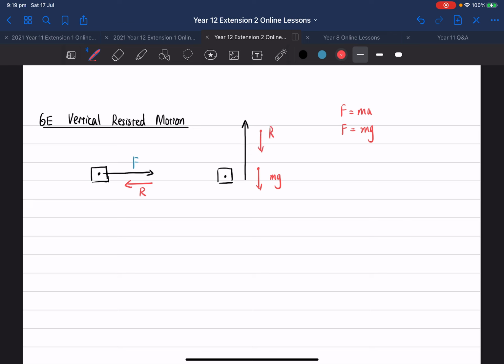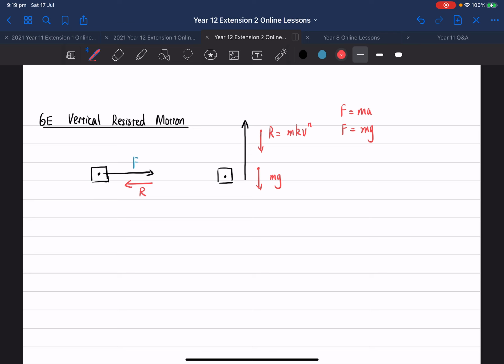But the resistance here, usually for the questions in this exercise, is going to be proportional to a power of the speed. So it could be written as mkv to the power of n. It could be mkv squared, it could be mkv.